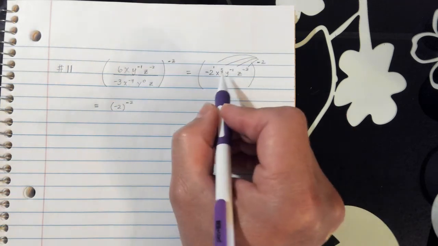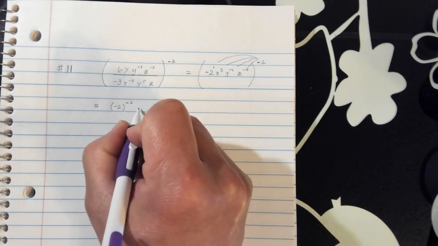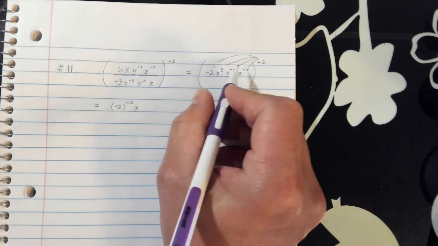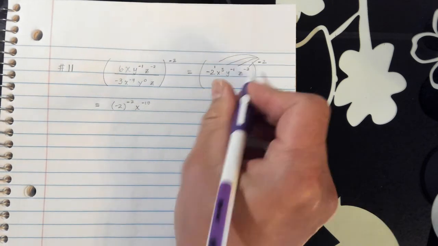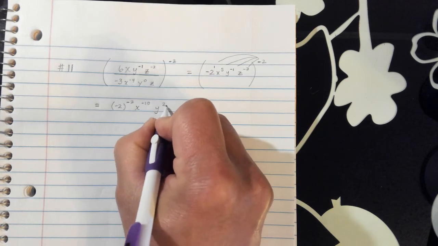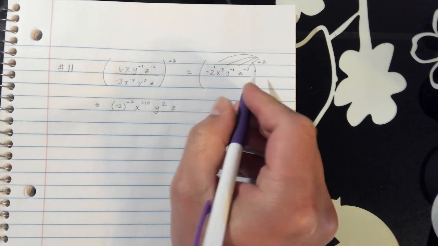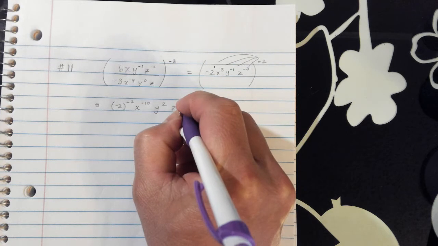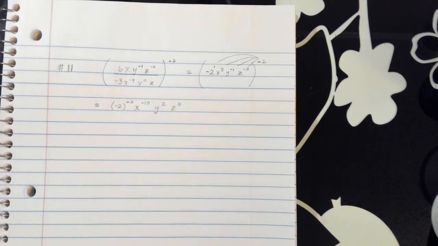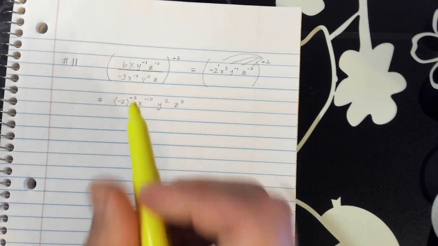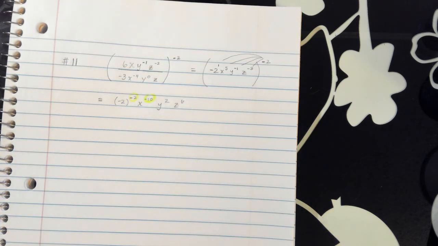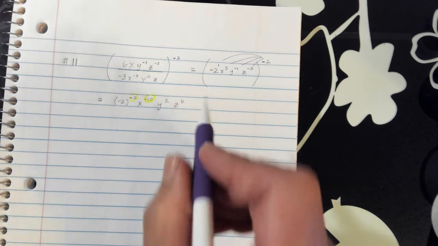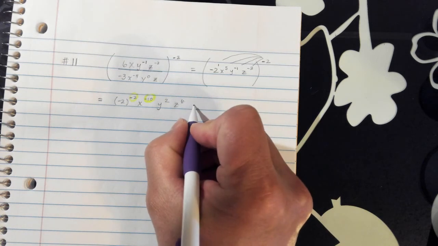And then x to the 5th to the -2nd is x to the -10th, y to the 2nd, z to the 6th. Then remember, if it has a negative exponent, and these two do, then you have to change those into fractions.